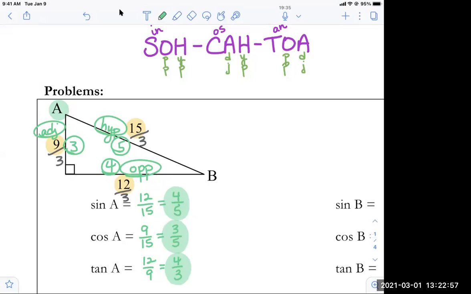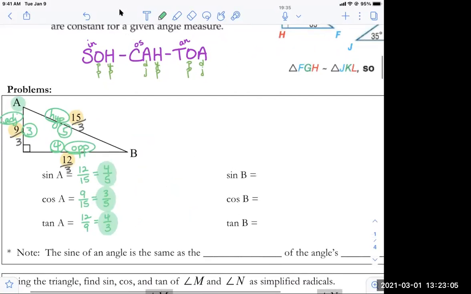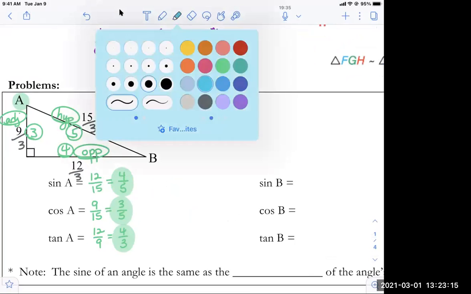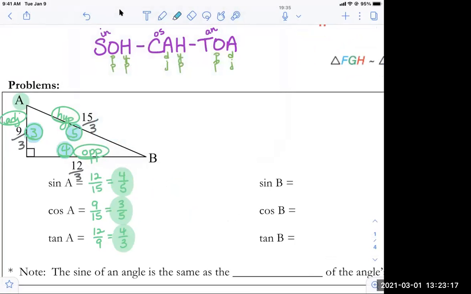So it doesn't matter if you simplify the triangle size at the beginning or if you simplify your fractions as you go. It's a little quicker now. Instead of using the 9, 12, and 15, let's go ahead and use the 3, 4, and 5.